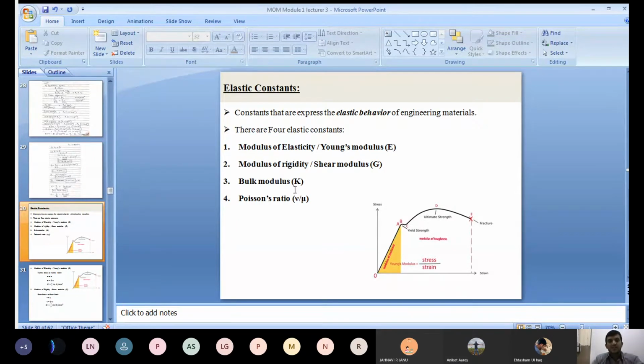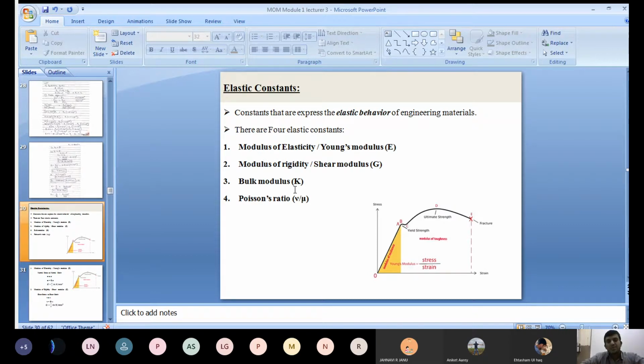Now the third one: if the engineering material is subjected to three mutually perpendicular stresses of the same magnitude, along the x direction we apply the right hand thumb rule. Thumb shows the x axis, forefinger shows the y axis, and middle finger shows the z axis.